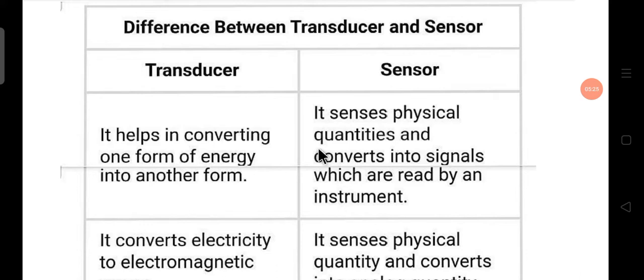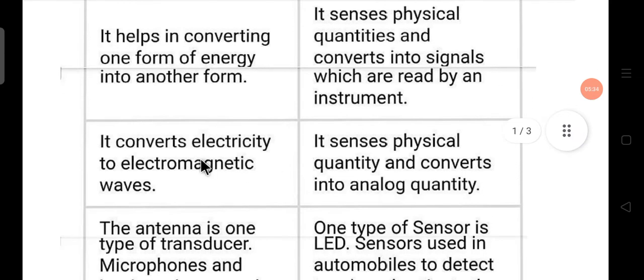So the sensor senses the physical quantity and produces a readable signal. A transducer converts electricity to electromagnetic waves. In communication we use an antenna, which converts an electrical signal to an electromagnetic wave.